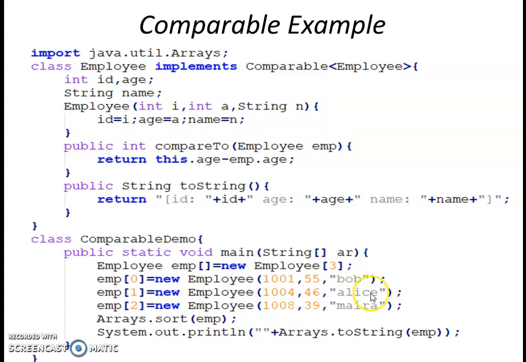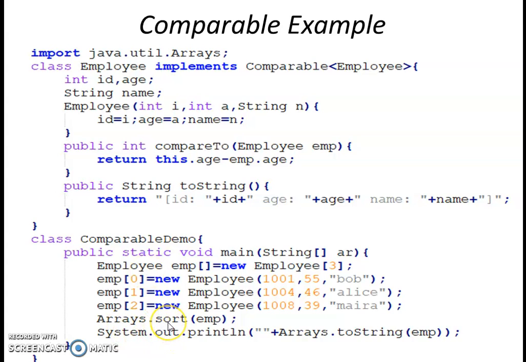In similar fashion, we have other objects inside this array. Now we are sorting this particular array using the Arrays.sort method and we are passing the parameter emp. So here this emp is an array of objects of the Employee class.